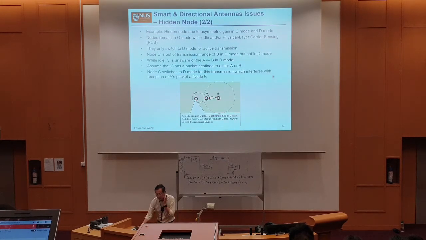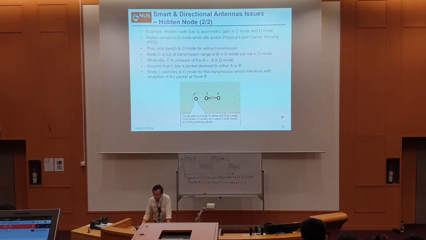Here's another example. Although directional antennas can help with some of the problems, this hidden and exposed terminal problem is still not fully solved. This is a hidden node due to asymmetric gain in O mode and D mode.